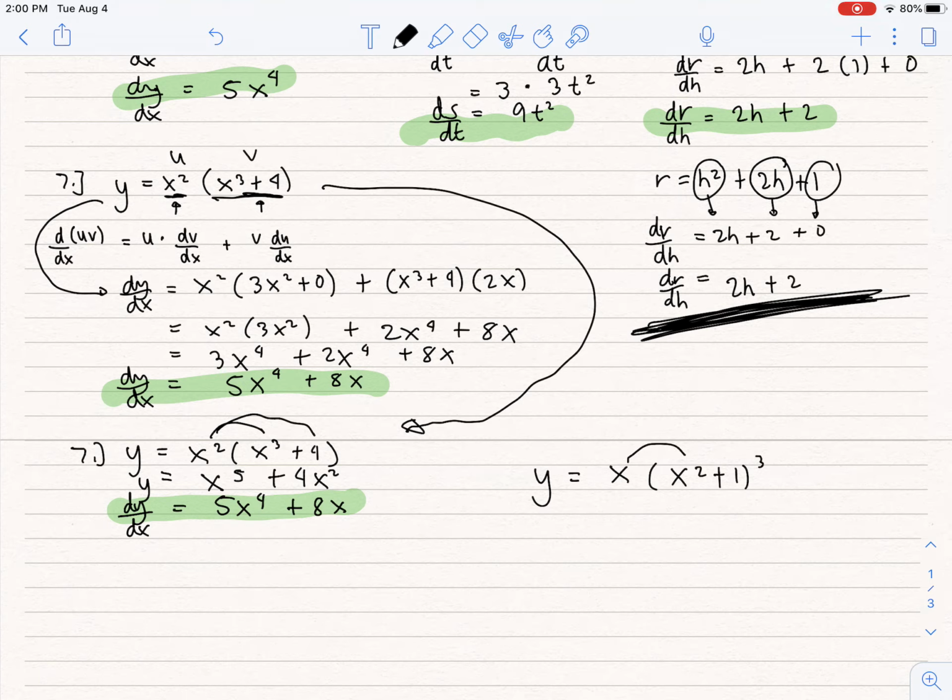We cannot distribute x here because our binomial contains an exponent. So therefore, we cannot simply distribute the value of x. So in this example, we're going to use the product rule. So we're going to let this one become u, and then let all of this become v. Okay, so always keep that in mind.